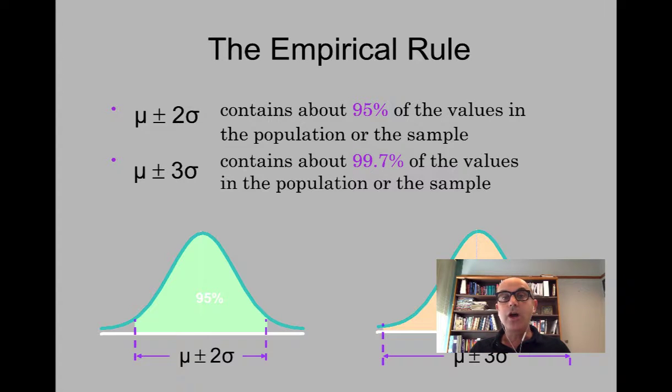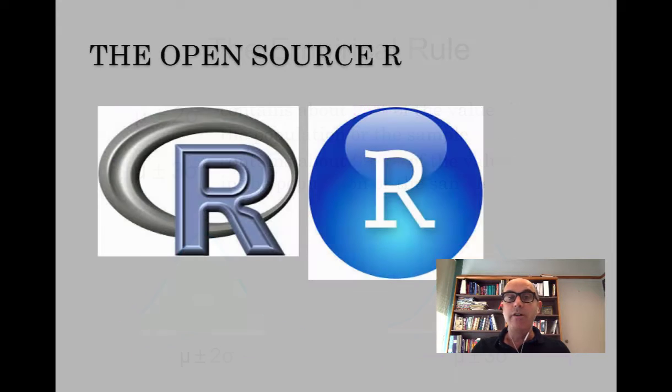We can also talk about 95% or 99.7%. And again, this is how we calculate that, and this is how we apply it. Okay, so this is a very short description of descriptive statistics.